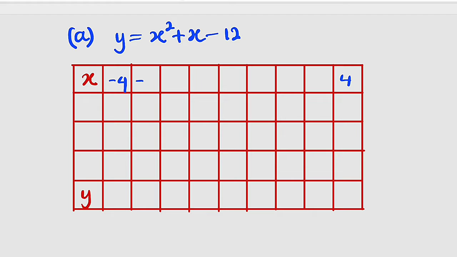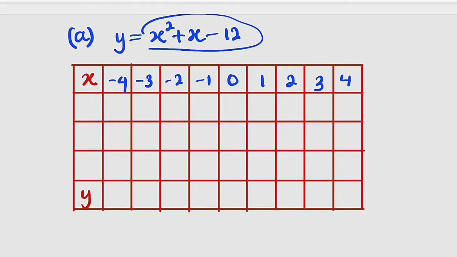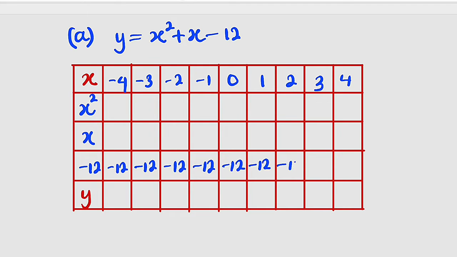So we have -3, -2, -1, 0, 1, 2, 3. This is already given. Then you need to fill out these 3 terms. That is x squared, then x, then -12. You should know that -12 is constant, so we are going to fill it all across. All right, something like this.